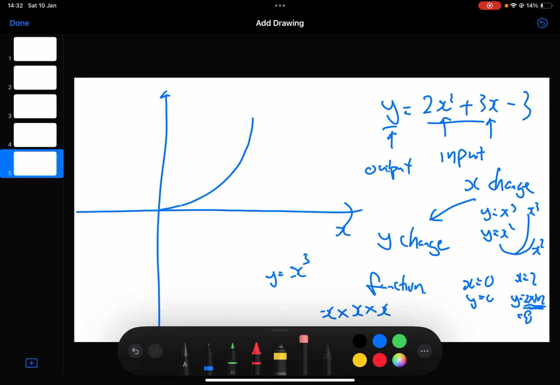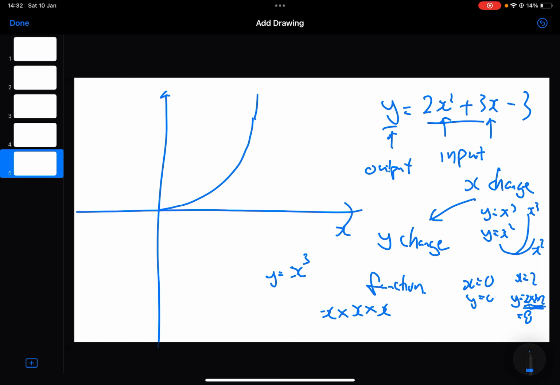Okay, then at the same time, when my x goes smaller, becomes negative, if my x goes to -2, then my y is -2 times -2 times -2. When I have -2 times -2, the first two multiply each other and become positive, then they become positive 4 already, then they multiply by -2, positive times negative will be -8.